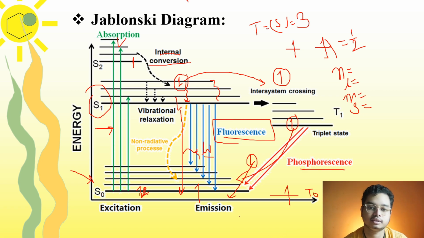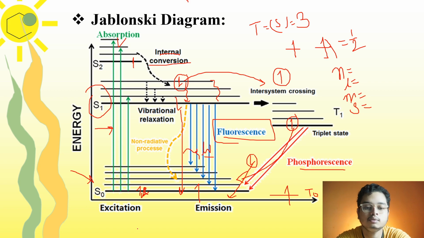That's why the compound in the ground state is mostly in singlet form. After irradiation by UV radiation, depending upon intersystem crossing or internal conversion, it will show a triplet state. So this will be very, very important for your understanding.